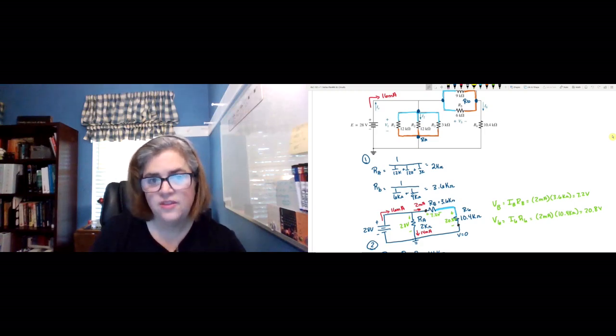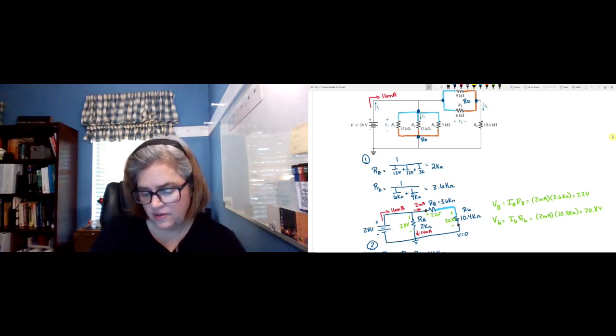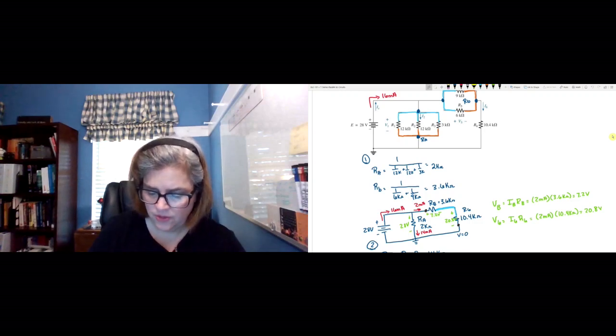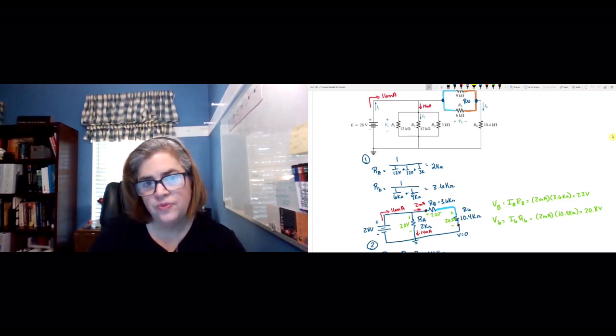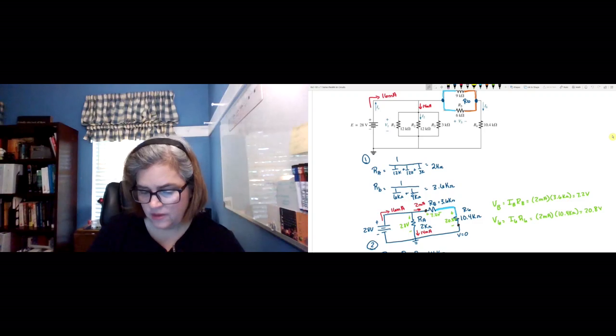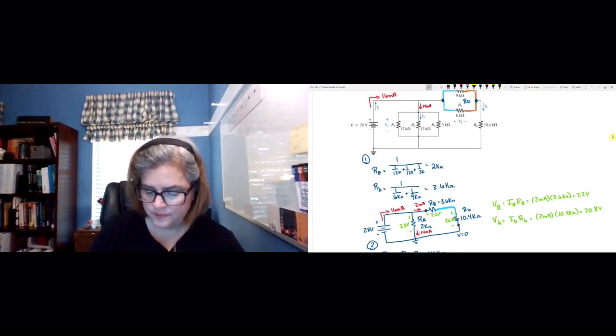Well, RA was this entire resistor network here. I'm going to get rid of some of the marks I've already made. So that 14 milliamps is going to be right here, and it's going into a current divider. So the 14 milliamps is going to split through each of those branches, and we'll figure out what that is in just a minute.